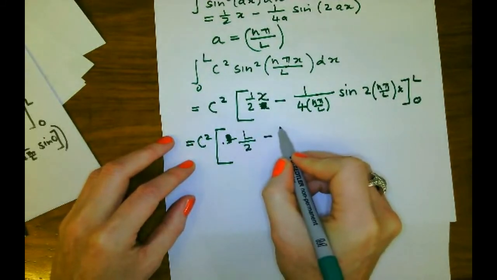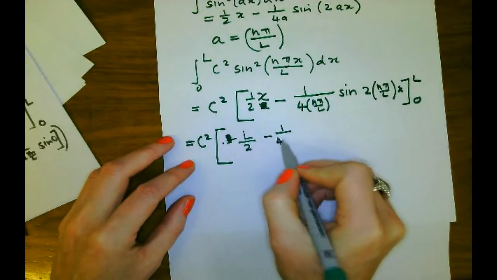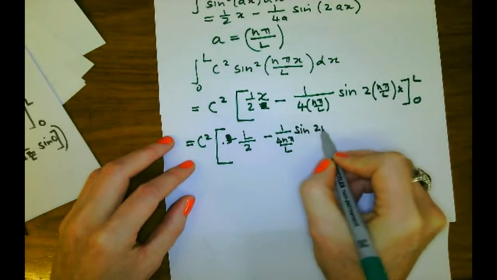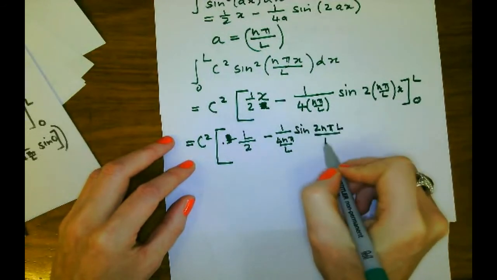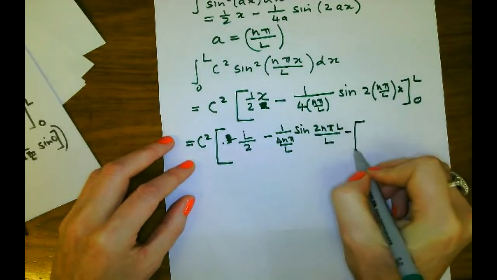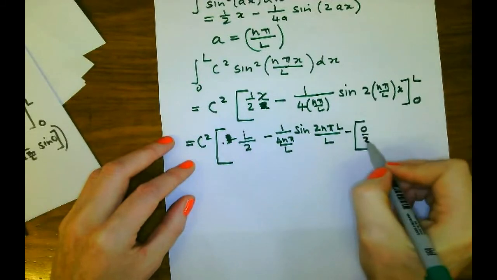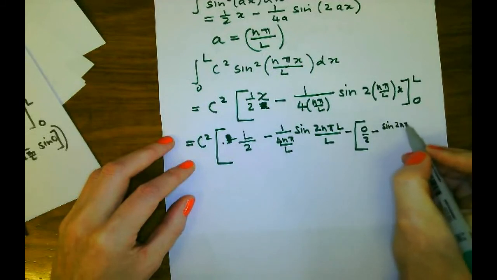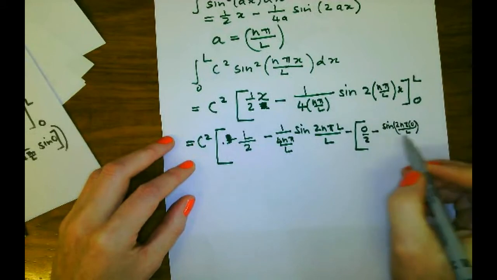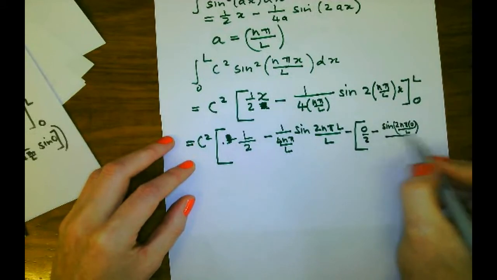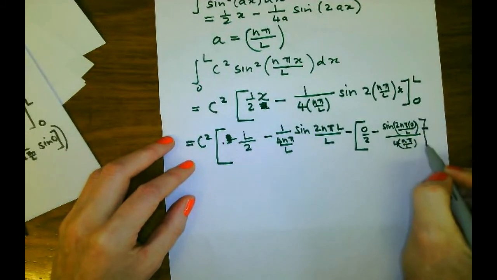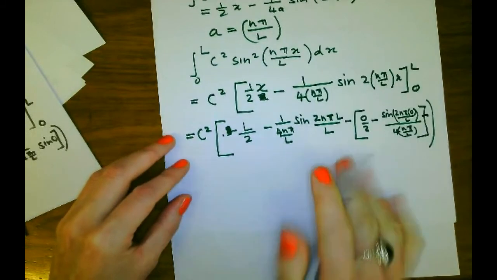L over 2 minus 1 over 4 n pi over L, sine of 2 n pi, x becomes L over L, minus 0 over 2 minus sine of 2 n pi 0 over L, and all of that is divided by 4 n pi over L. Okay, and then we close the brackets.